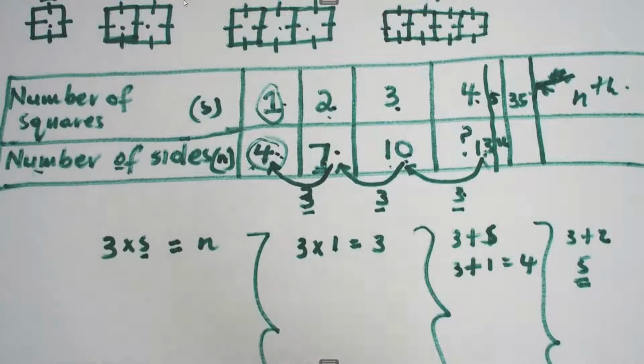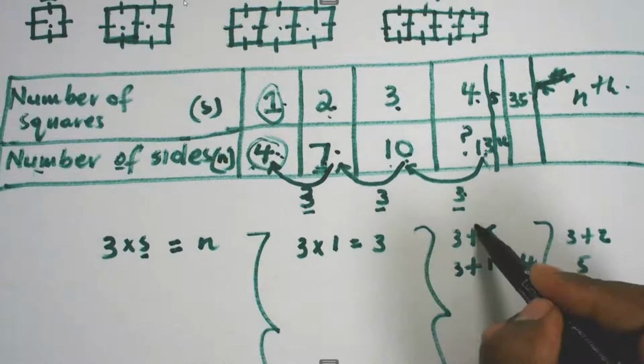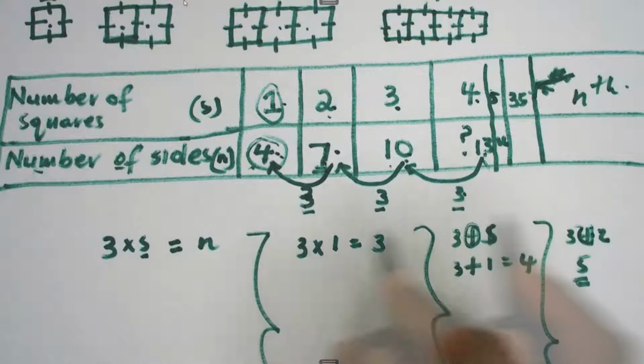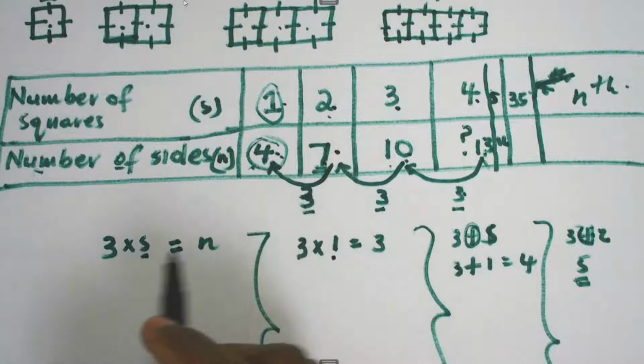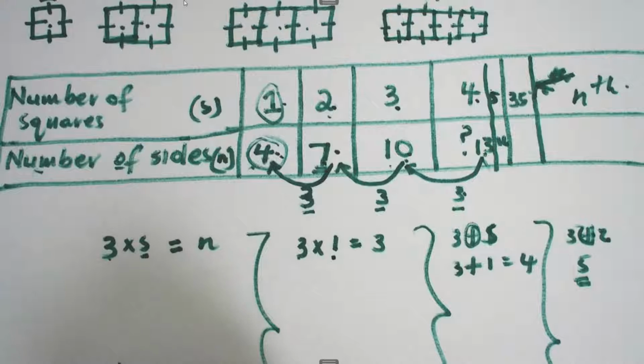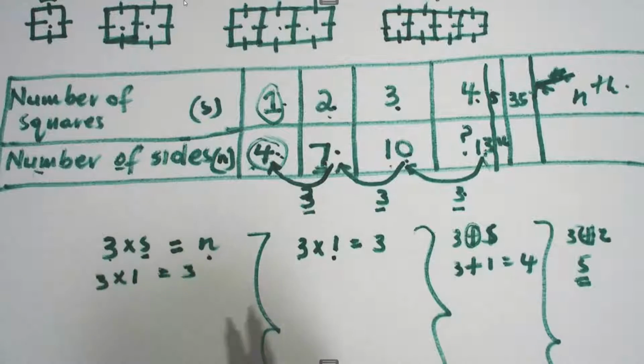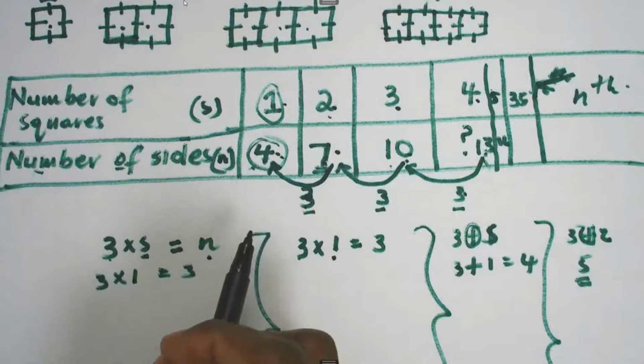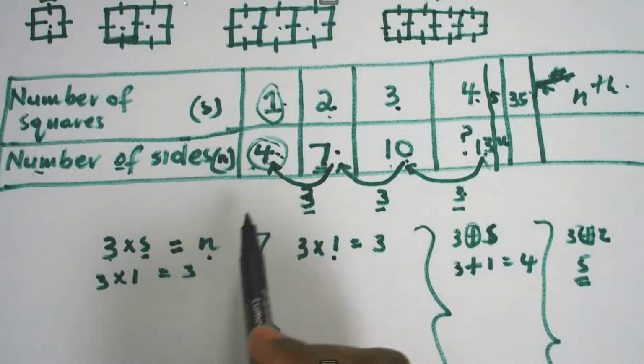Now we need to change our approach. It means this plus cannot help us. We said first we're going to say 3 multiplied by S, and when we multiply by S, it gives us N. But in the first one, we've got 3 multiplied by S, which is 1, and it gives us 3. It does not give us 4, meaning that we are short from this 4.